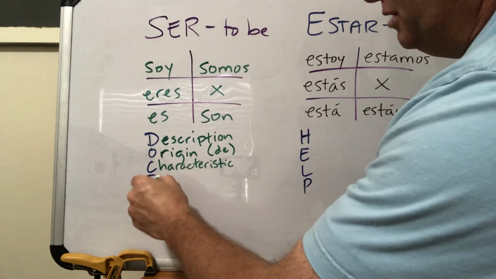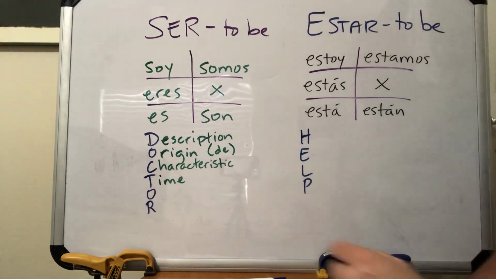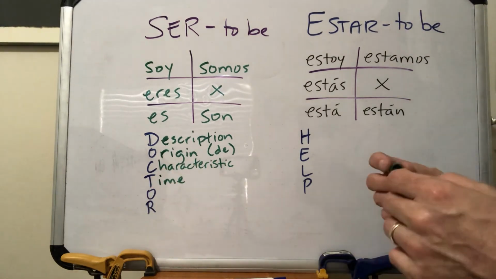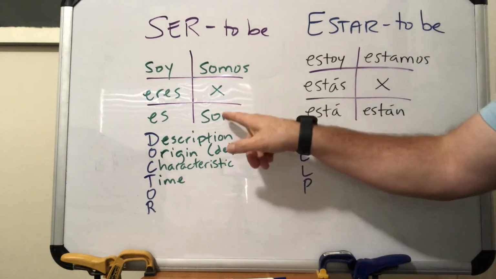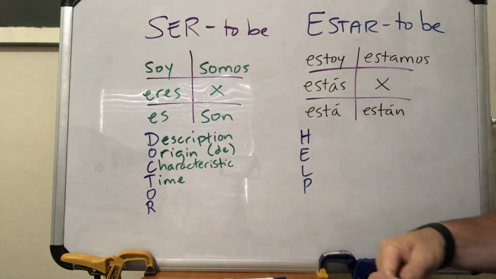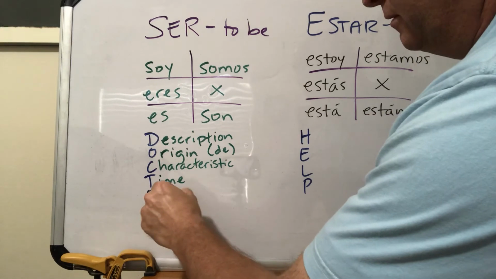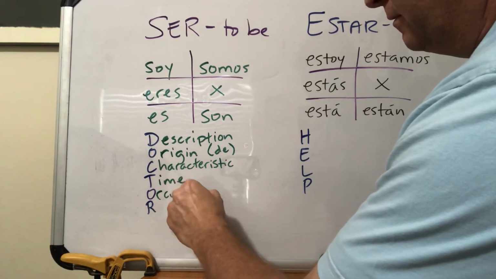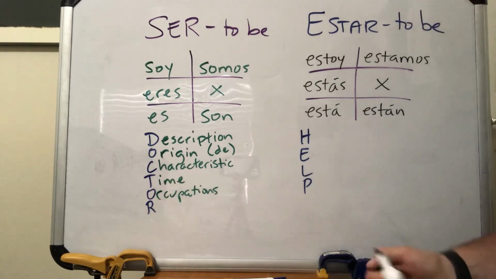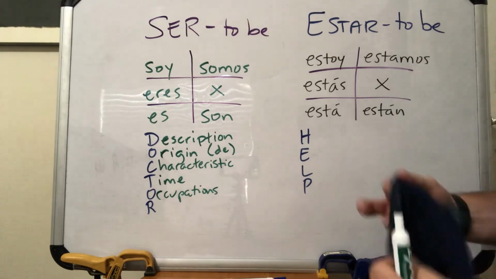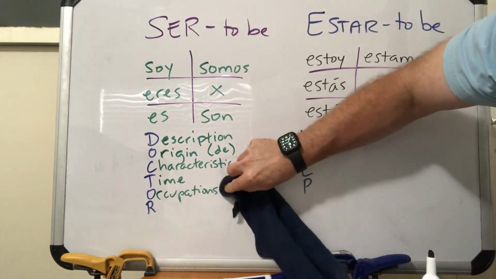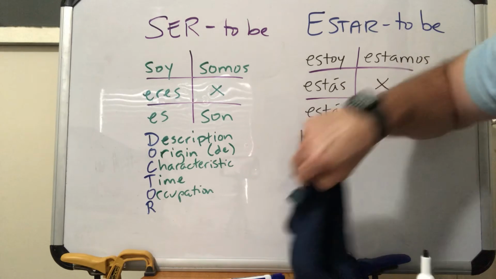T is time. So when you say son las ocho, es la una, you're going to use these forms of ser to tell time. O is occupation. Oh, geez, I put occupations. It's what you do. So even if you're not actually getting paid for it, like you're a student, you'd still use ser.